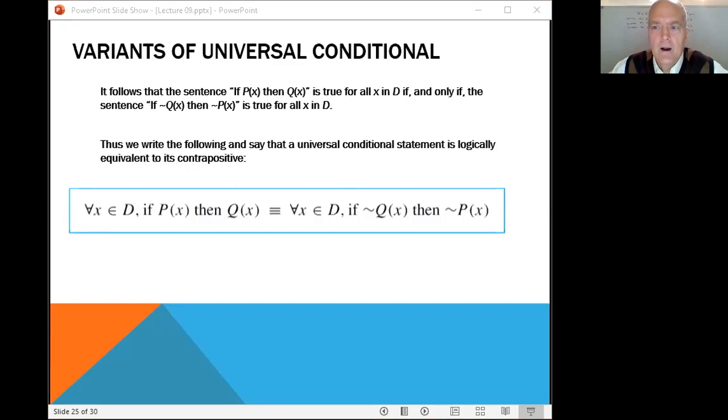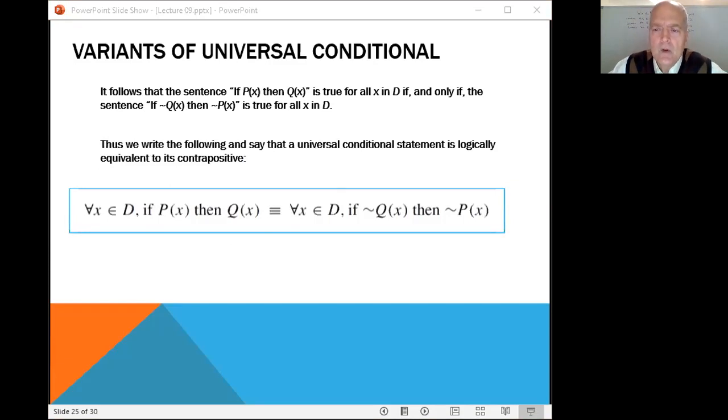So again, it follows that if P then Q is true for all D if and only if if not Q, then not P is also true for all elements in D.